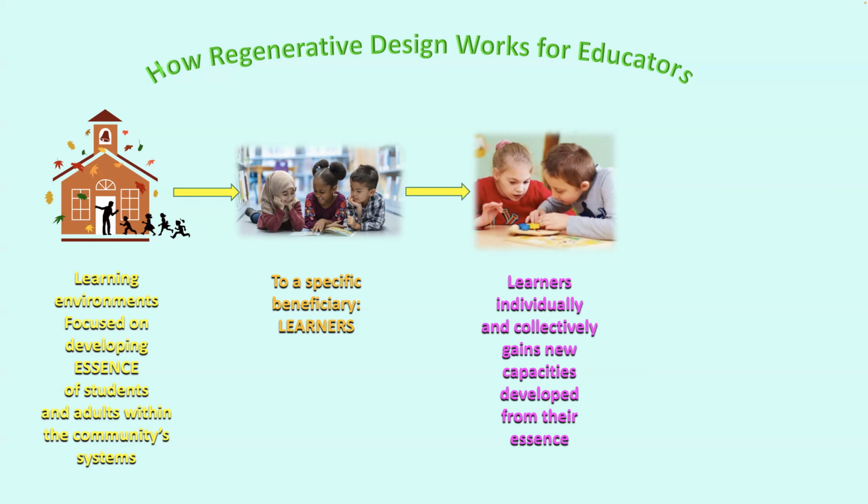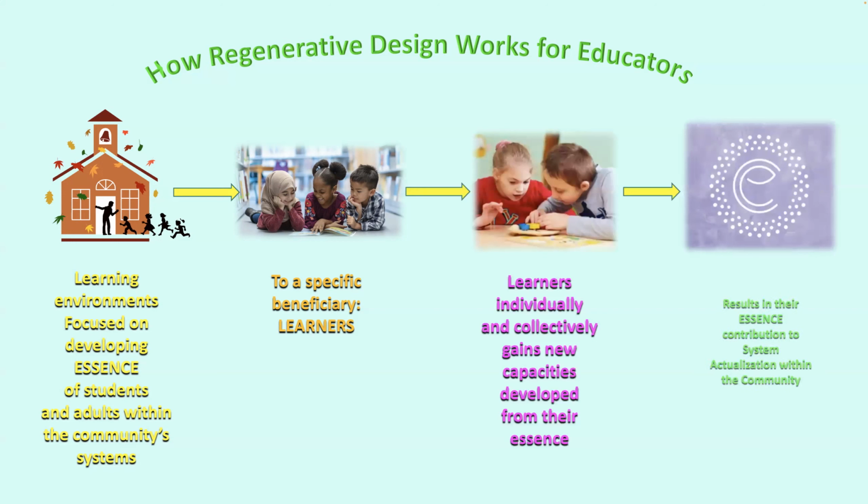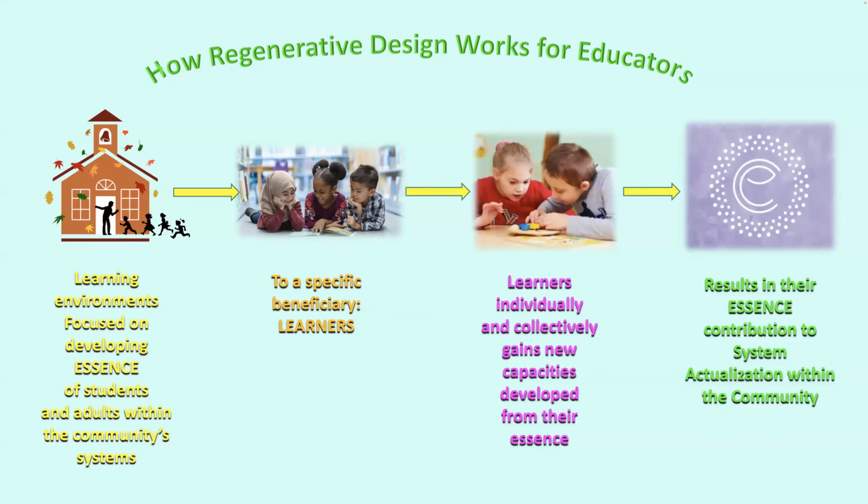And those capacities are designed to allow the essence of who they are as individuals to emerge, which then overall results in their essence contribution to the system's actualization within the community. So again, when you begin to think about the systems in this community that you're picking out, obviously in a traditional sense, there's school systems, there's health systems, there's religious systems, there's family systems.